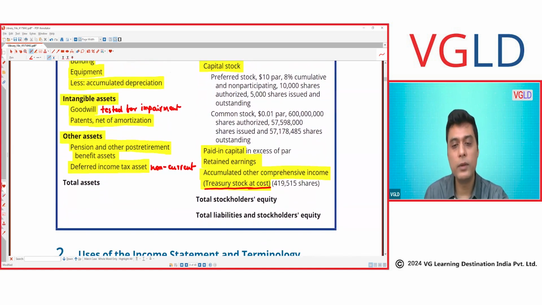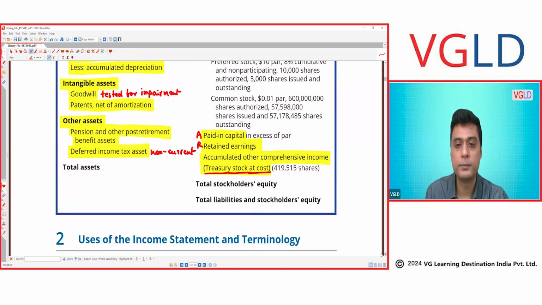So I hope now you're more or less familiar with the balance sheet here. This is called CAR, common stock, APIC, retained earnings. So you always have a CAR in your balance sheet. And AOCI is accumulated OCI. We'll talk about it when we go to comprehensive income.